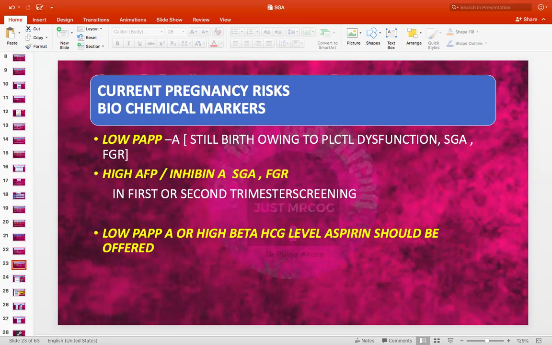High AFP, alpha fetoprotein, or inhibin A, both are responsible for SGA and FGR. If this is low, then SGA, FGR. If this is high, then FGR. And normally we do this either in the first or second trimester. In case of low PAPP-A and high hCG, we always offer aspirin.